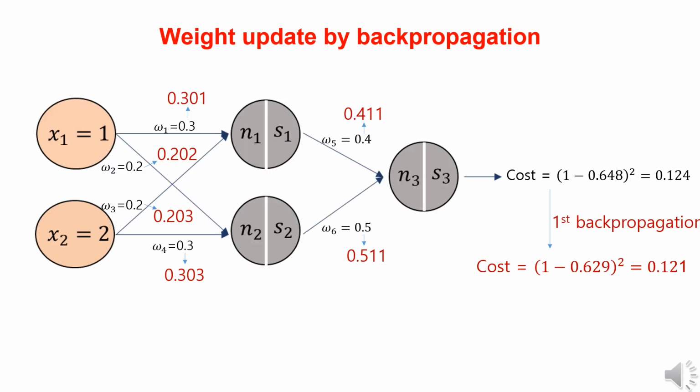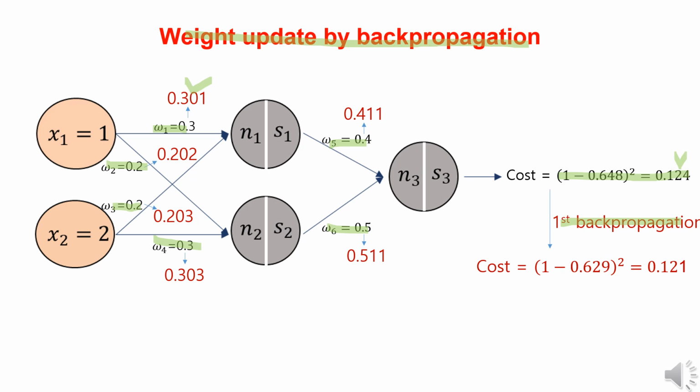Let's summarize the calculations so far. Here, the black values represent the initial weights. Using these values, the cost function is calculated to be 0.124. Through backpropagation, the weights are updated as follows. Omega 1 is updated to 0.301.